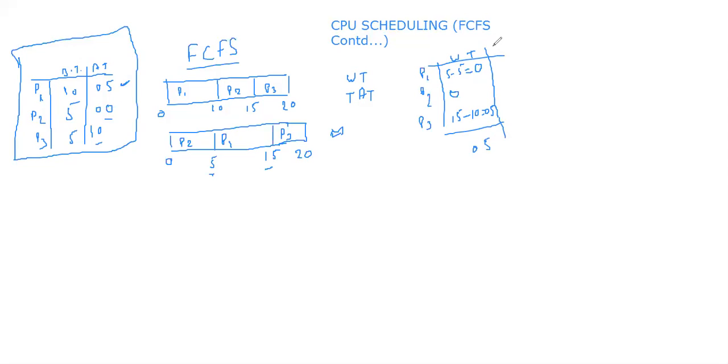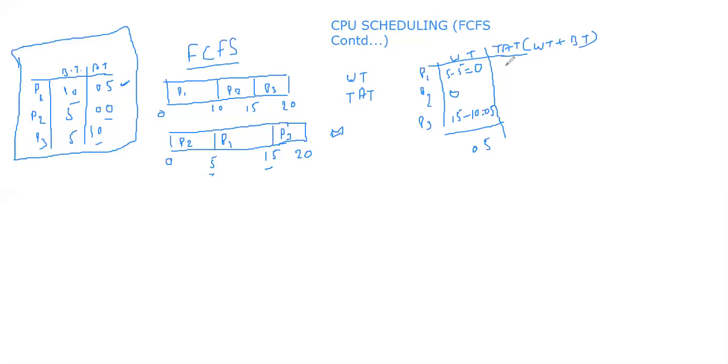Now what about turnaround time? We have already seen that the simplest way to calculate turnaround time is waiting time plus burst time. In FCFS, and only in FCFS, you can also see the end time and the arrival time, and end time minus arrival time will also give you the turnaround time.